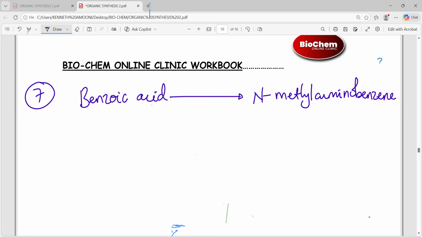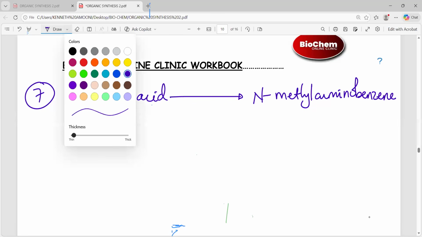So how are we going to move to that compound? What is the structural formula of benzoic acid? We all know that one.